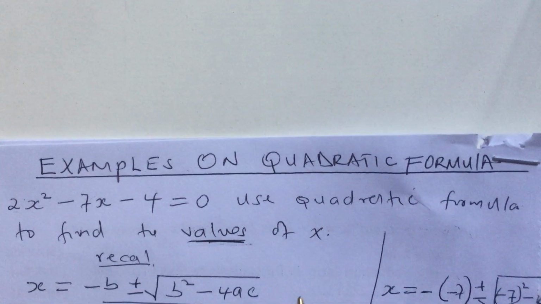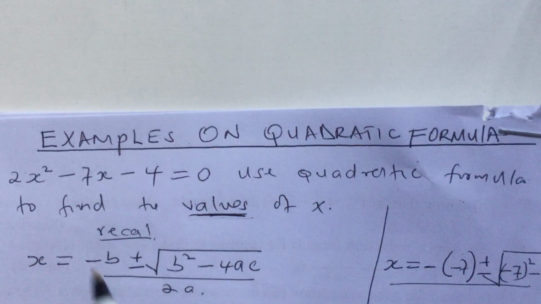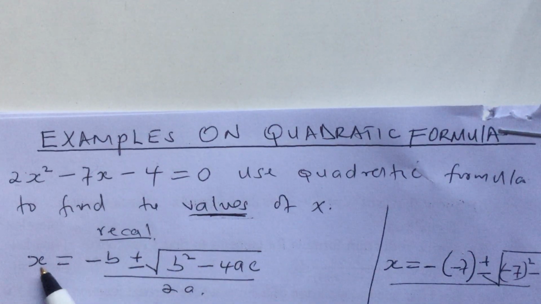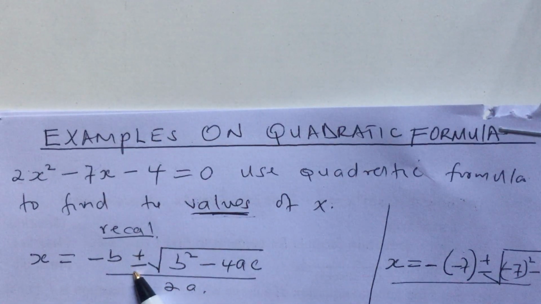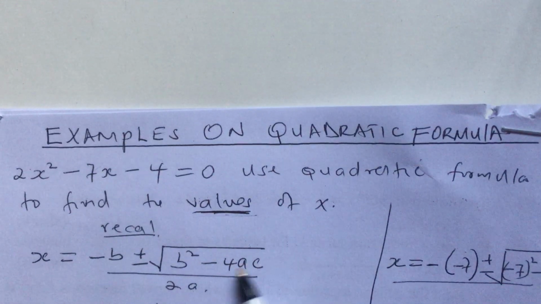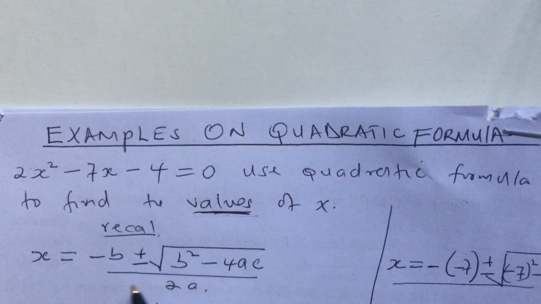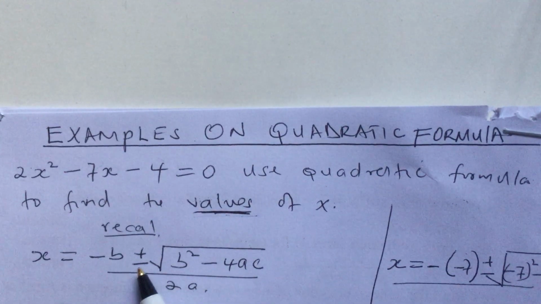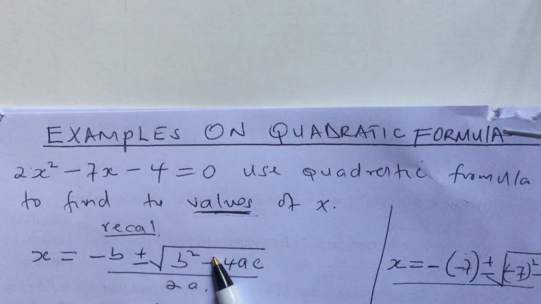Now recall that the quadratic formula of any given equation is x equals negative b plus or minus the root of b squared minus 4ac, all over 2a. What you intend to do here is to find these values of a, b, and c, and then substitute in this formula.